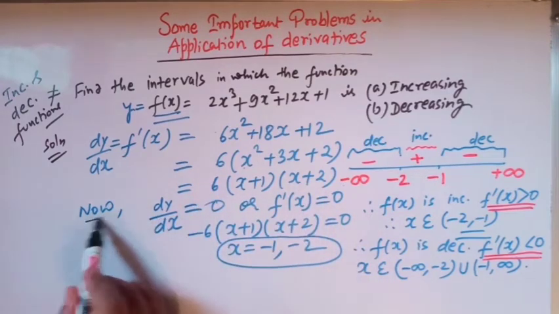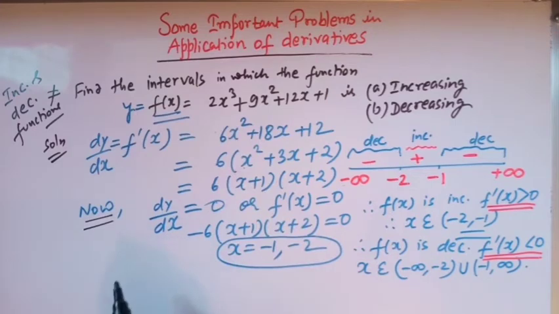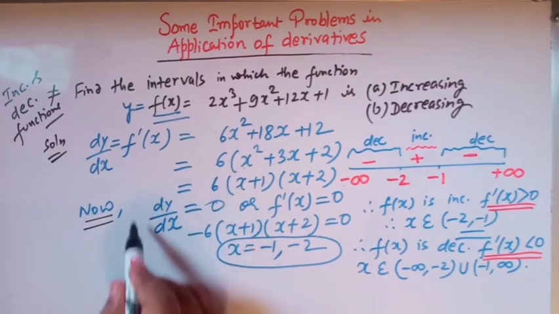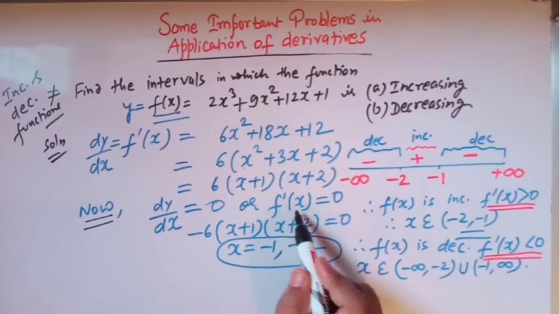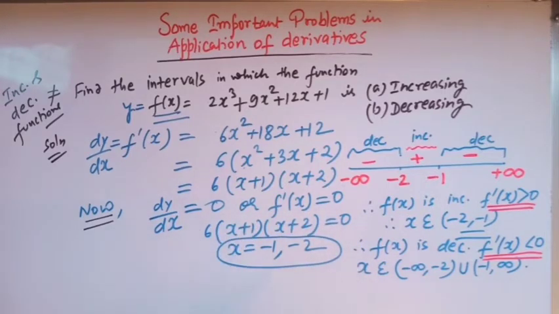Now for the function to have turning points or stationary points, the derivative should be 0. So we have f prime of x is 0. So now here we will not have the negative sign. So the roots, or the stationary points, are minus 1 and minus 2, right?